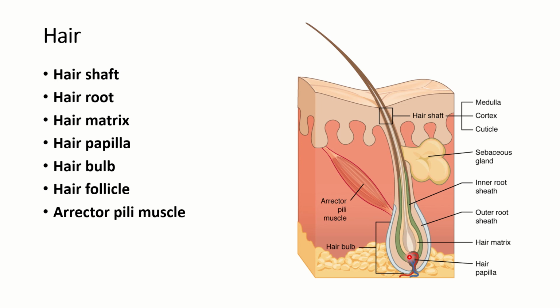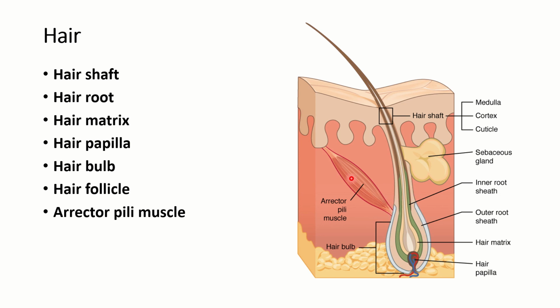The matrix is connected with the hair papilla, and the papilla contains blood vessels. This large area, the papilla and the matrix together, is called the hair bulb. And finally, the hair root is covered by an epithelial tissue and a connective tissue, and that is the hair follicle.